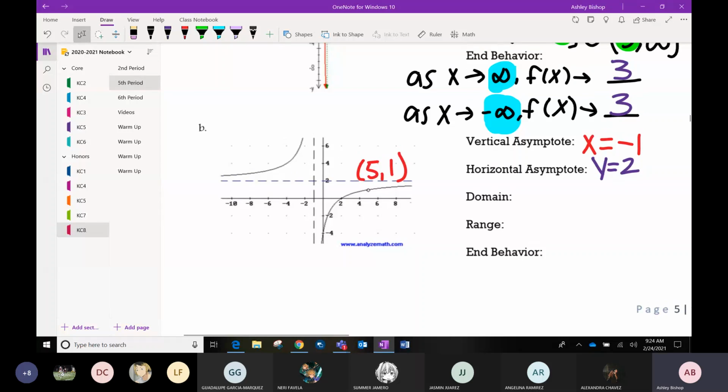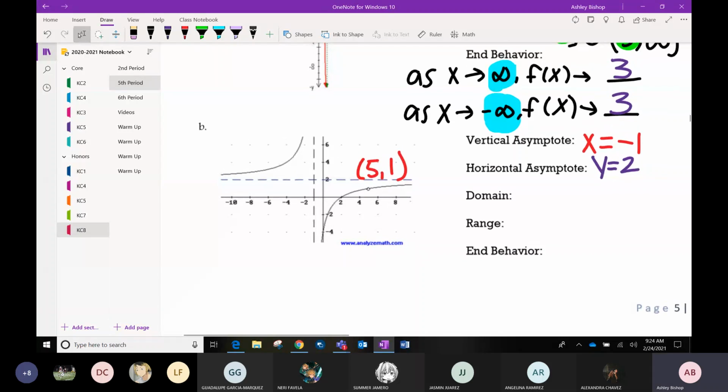Over 5 and up 1, I have a hole. That's going to be an issue that we'll talk about. Until we get to that problem, let's keep going. You always want to get in the habit now of looking at your graph and asking, do I have a hole?